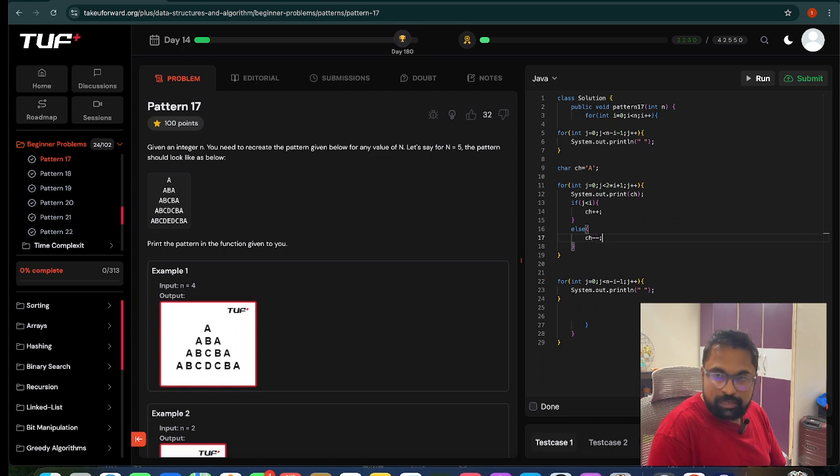After this for loop we have to write the println statement. Don't forget it, otherwise everything will print on the same line. That's it.